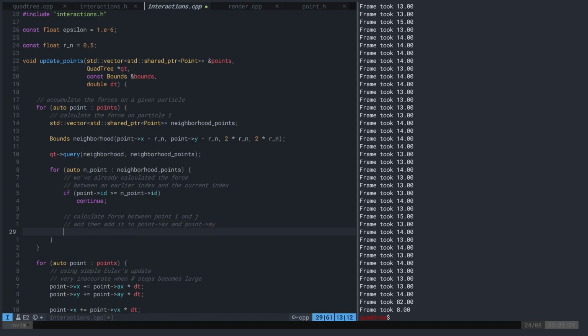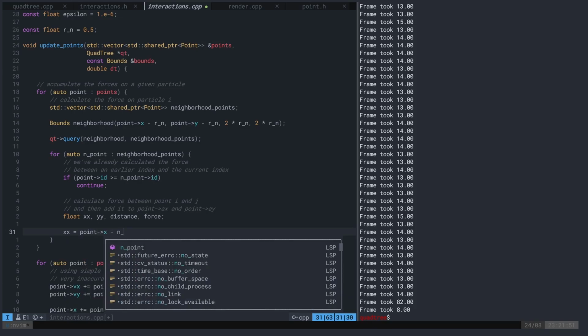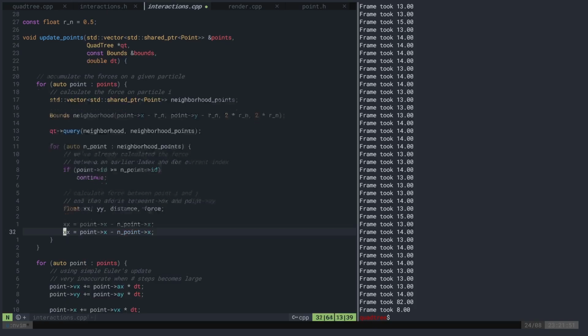So let's just crudely define what the force looks like, and then we'll create magnitudes for it. Okay, so we need a float. We need to calculate the distance. So let's just create the x, the y value, and then let's create a force number. So the x is just going to be point x minus neighborhood point x, like so, and then just repeat that for y.